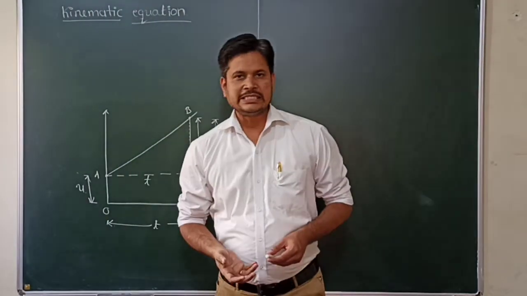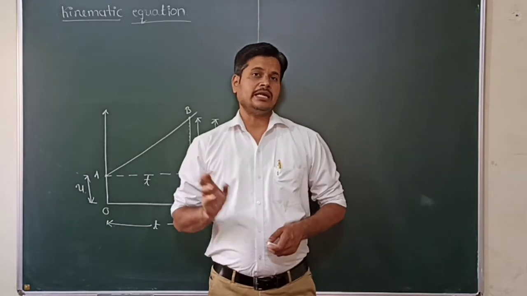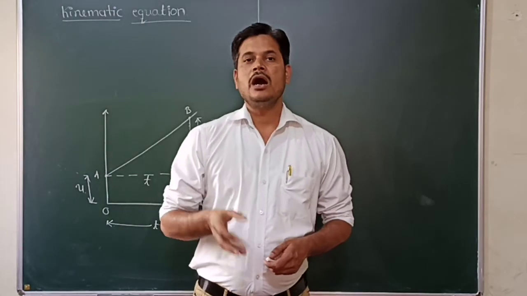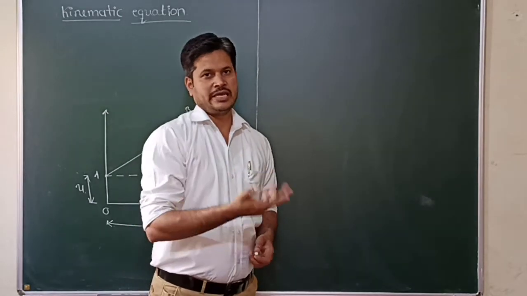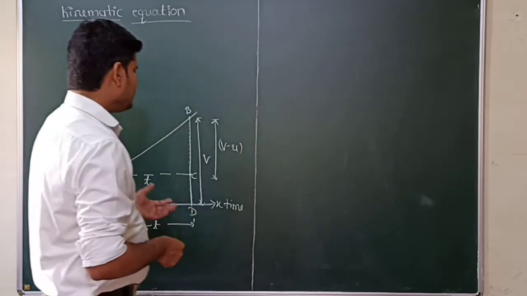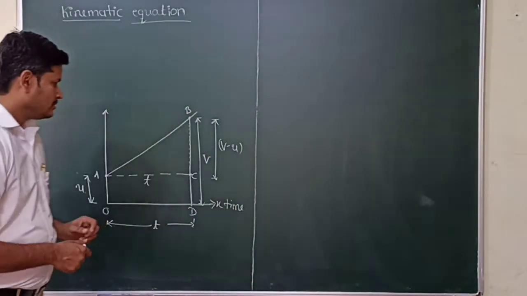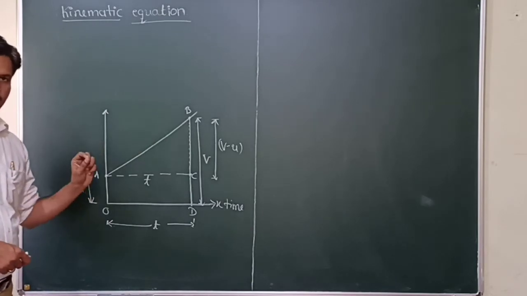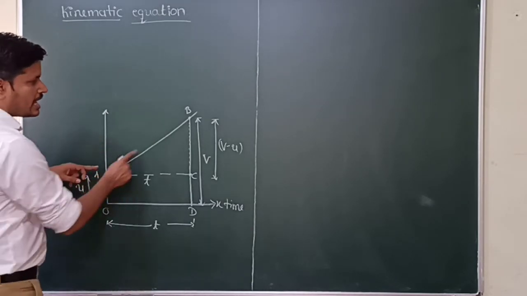Next, another important derivation: the velocity attained by the particle after traveling a certain displacement s. How can we calculate that? Once again, using the graph only, we are going to derive that equation. The particle is moving with a constant acceleration, therefore the graph is like this.